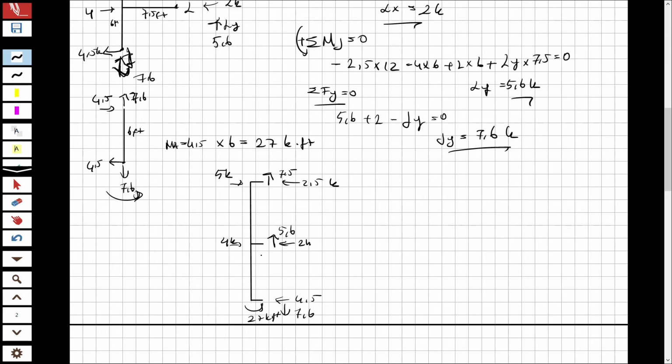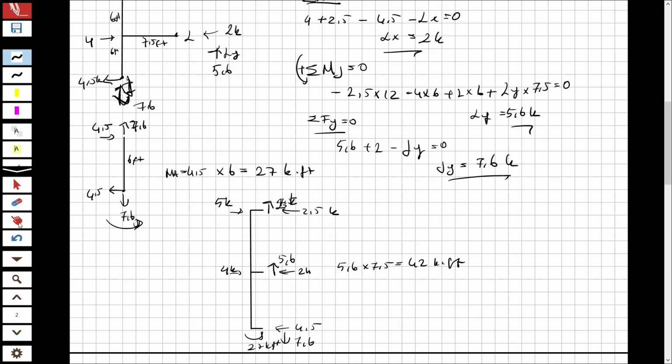And for this one, the moment will be, look at here, this is the 5.6 multiplied by 7.5. It will be equal to 42 kips feet, okay? And for this one, we have 2 kips, not 7 kips. I just wrote it here wrong, sorry. But I'm going to correct it. This is 2 kips.